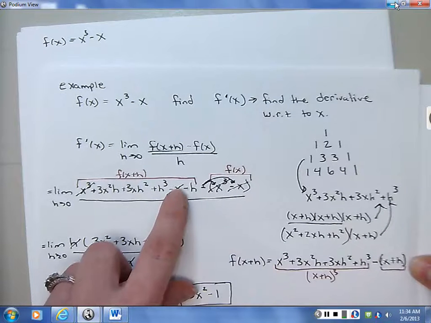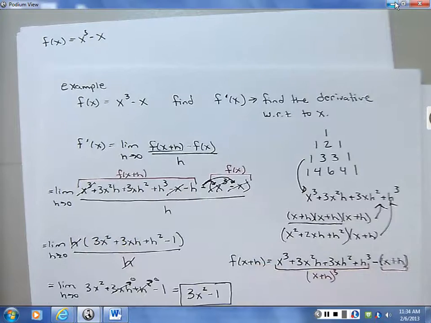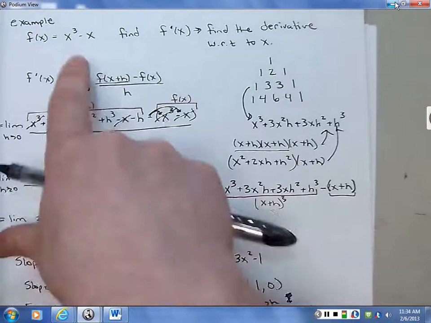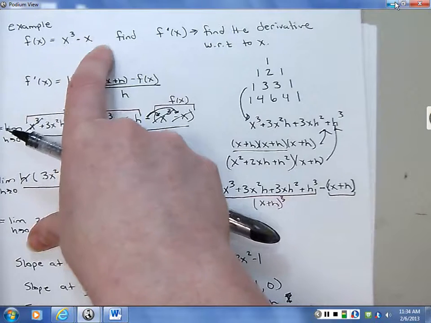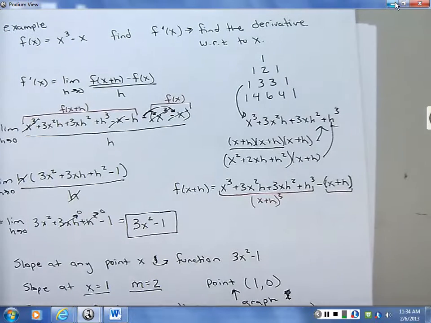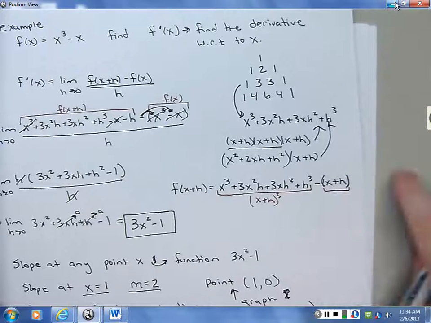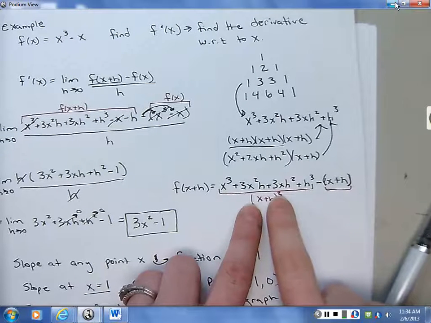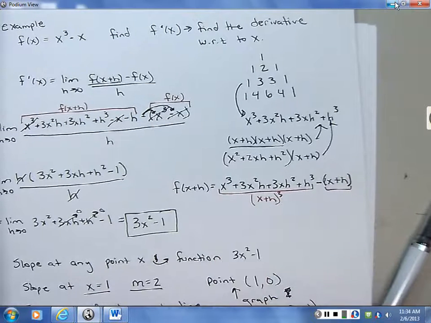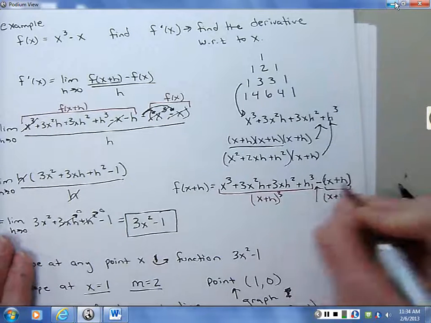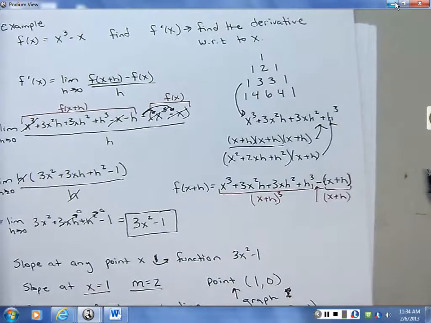Here, the question is, why do you separate? I want to emphasize that I'm subtracting the quantity x plus h, so I need to distribute that negative. That's why I have a parenthesis here. Because this is my first term, x plus h cubed, and this is my second term, just x plus h. But I need to emphasize that the negative is being distributed.